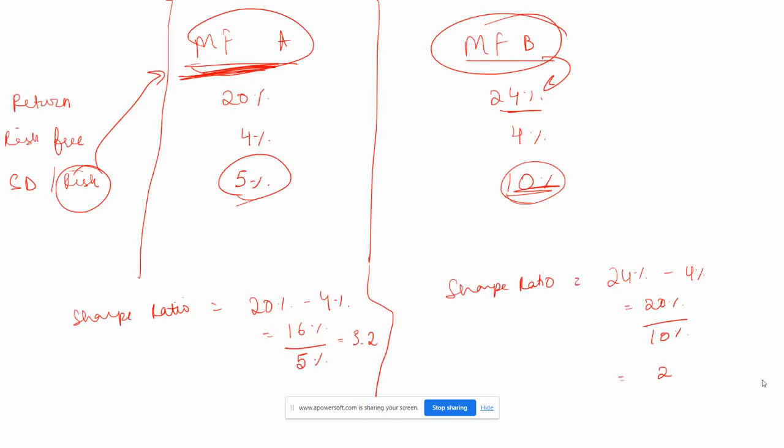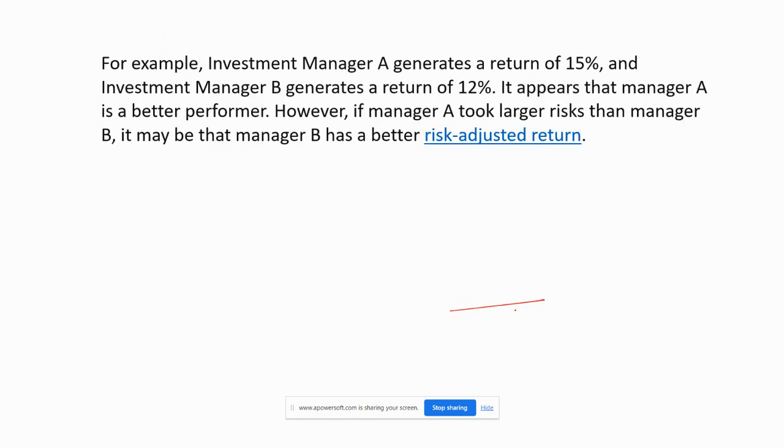Meaning I took greater risk for mutual fund B, but I did not get as much return. So mutual fund A is a better risk adjusted return because for taking lesser risk, I generated greater return. More risk, I generated lesser return. This is what Sharpe ratio tells you.